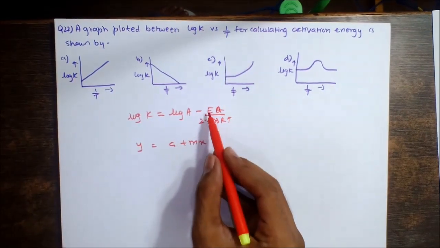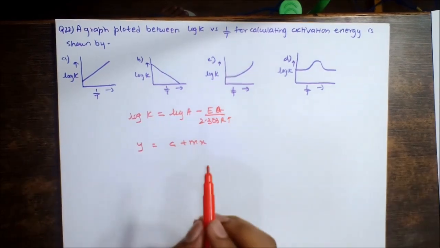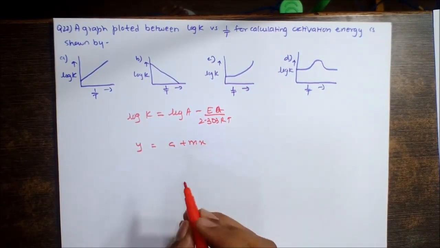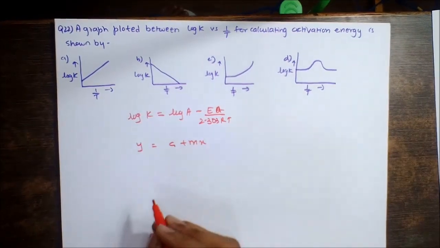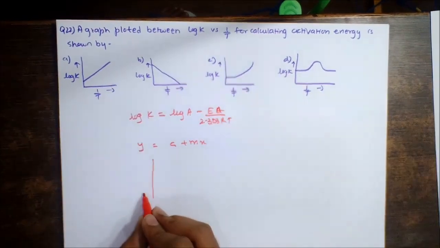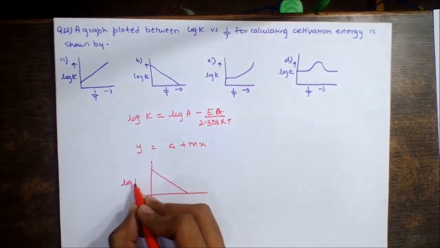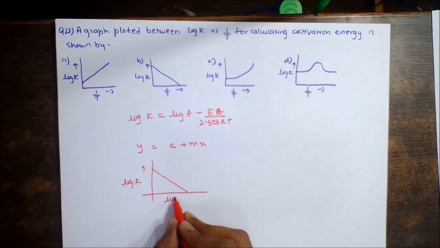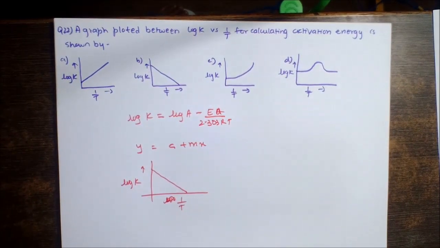So here the slope is minus EA upon 2.303 R. Now since the slope here is negative and the equation represents a straight line, the graph would be a downward sloping line, log K on one side and 1 upon T on the other side. Therefore your answer would be option B.